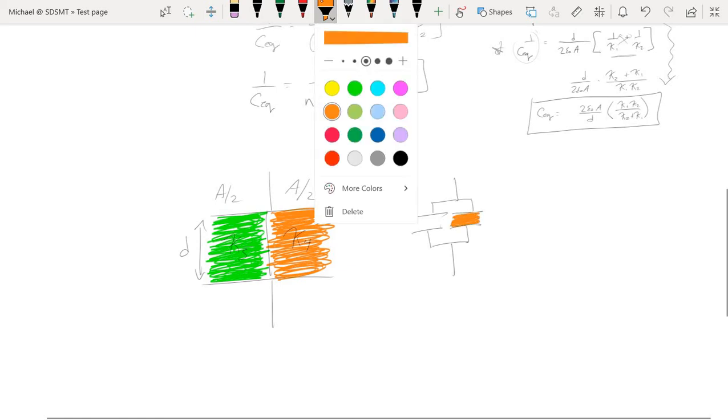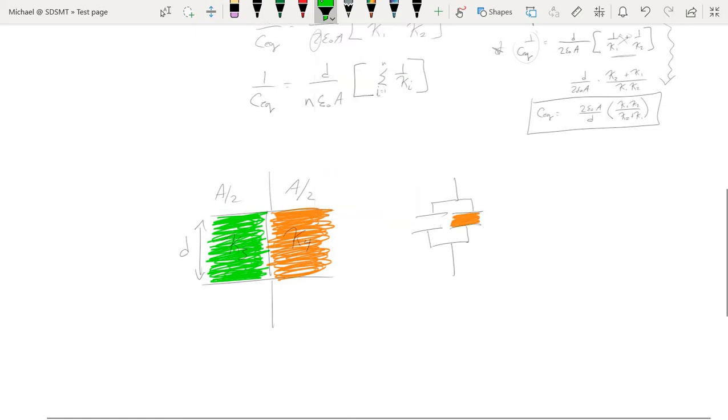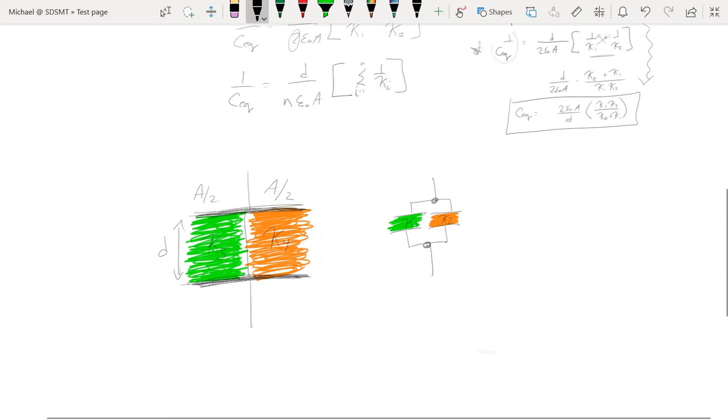The one stipulation that we need to use the parallel case scenario is that each capacitor has to have the same potential difference across their plates. Well, that is no problem whatsoever because they're both part of the same physical construct.